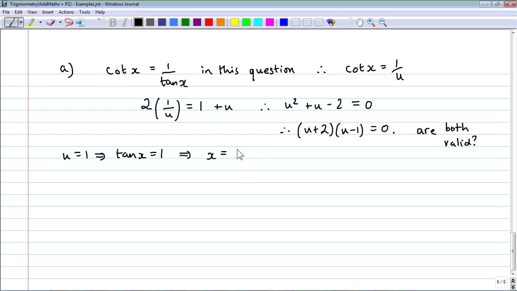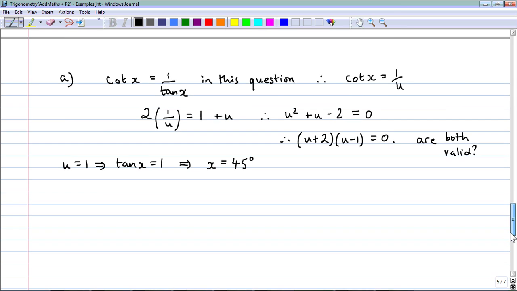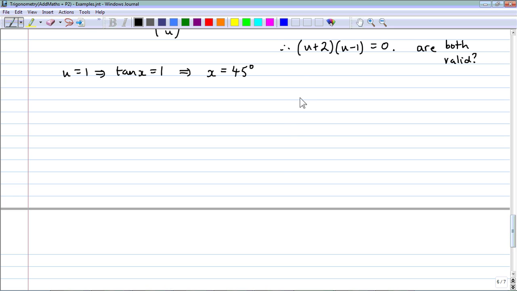Now that's not the only answer, and just for clarity, you probably don't need to do this if you're good at trigonometry, but you could have a quick think about the shape of the graph. This is 90, 180, this is 270, and then this is 360.